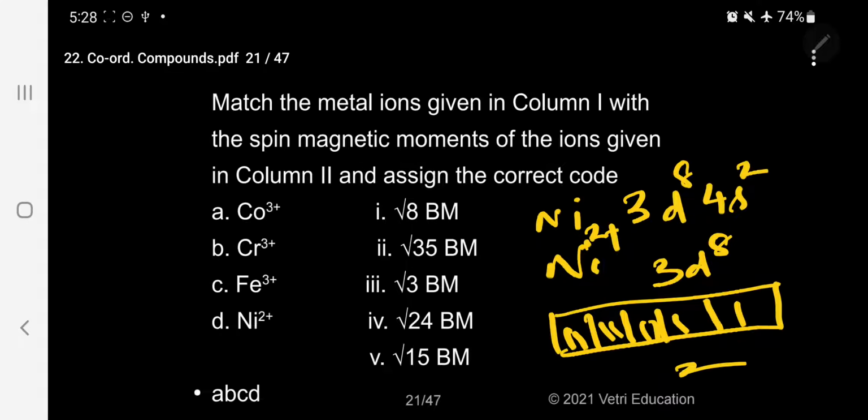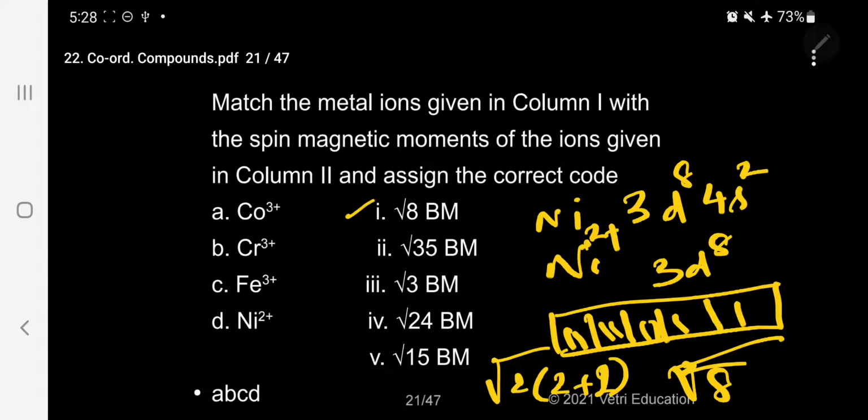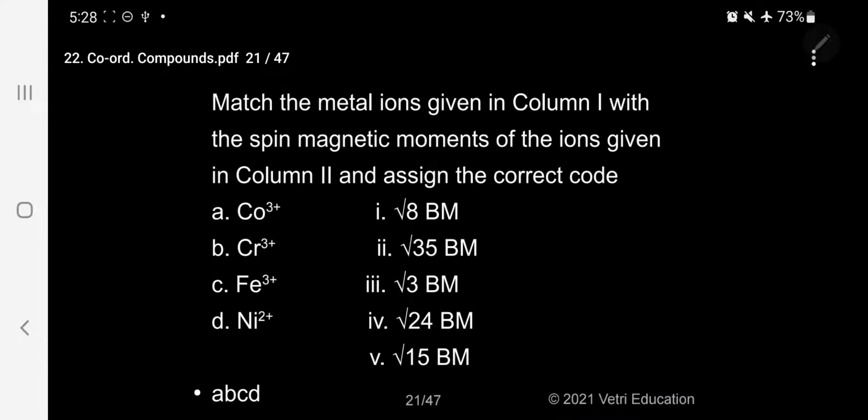So only 2 electrons are unpaired. It is 2 into 2 plus 2, that is 2 into 4, 8. Root of 8. Root 8, where is it? So here it is. Now I can correlate.